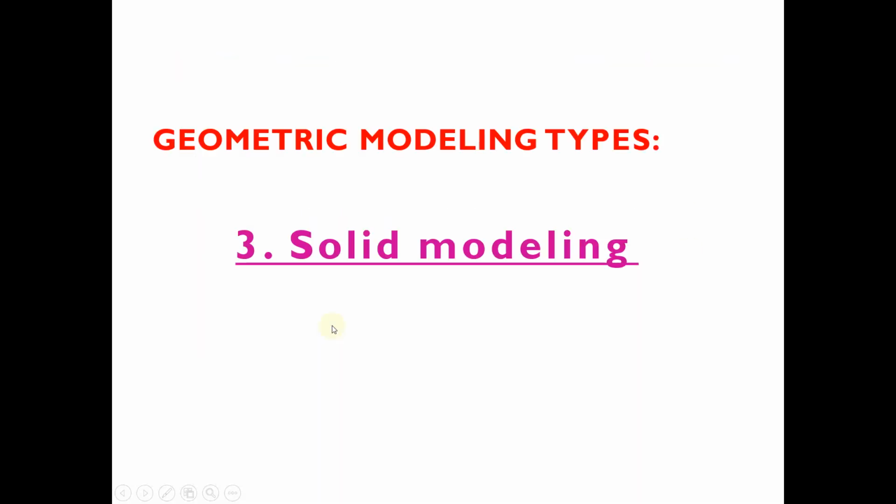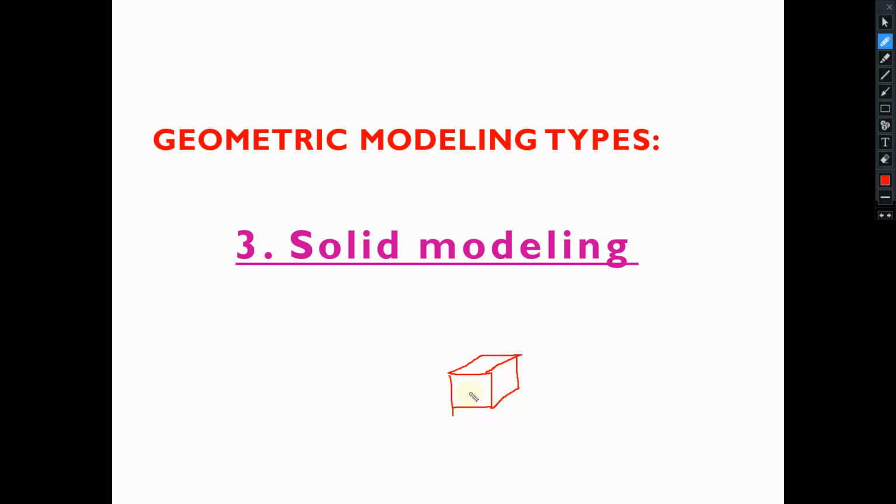Then coming to the third and most popularly used type of geometric modeling, that is solid modeling. Solid modeling is nothing but creating the solid model of a three-dimensional object. Whenever we are creating a three-dimensional object using software, it is called a solid model.